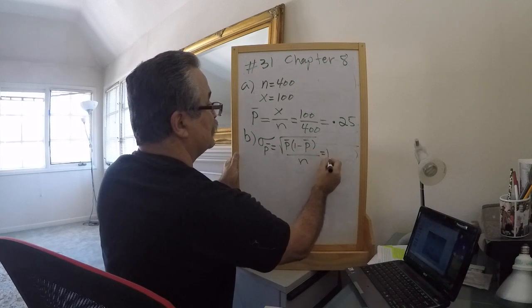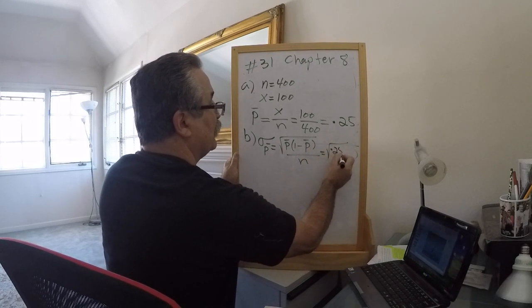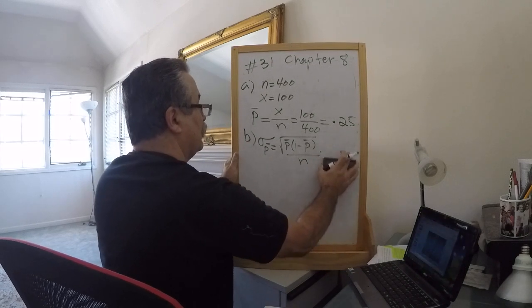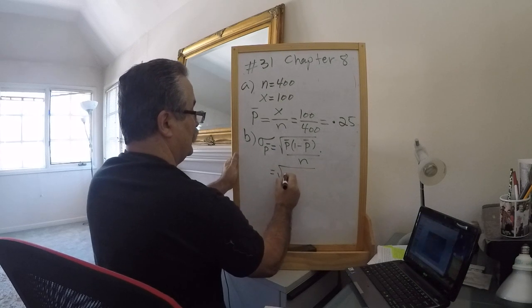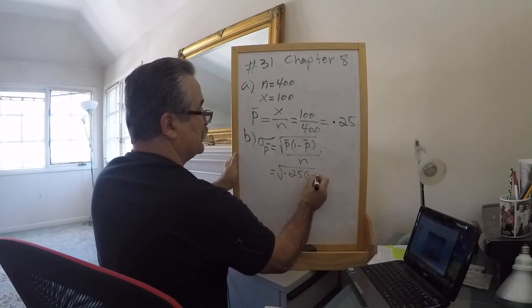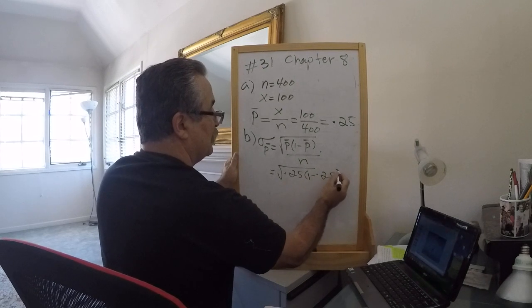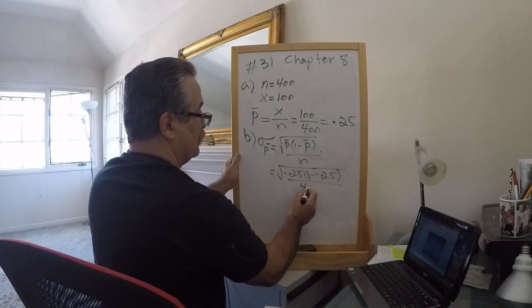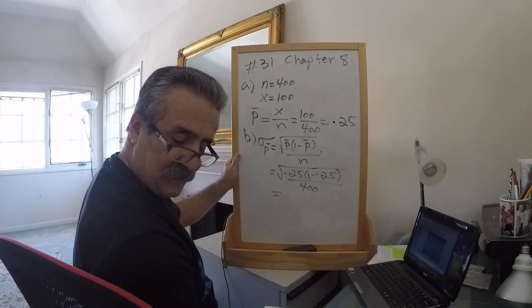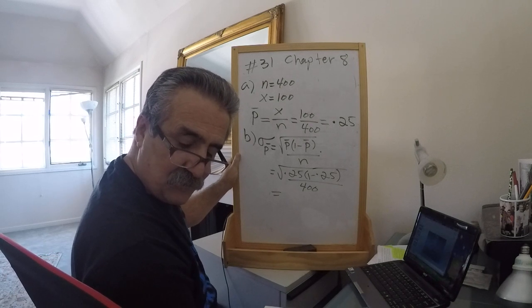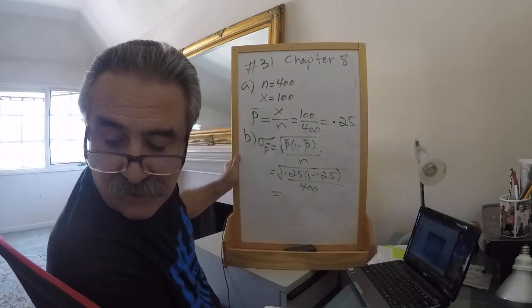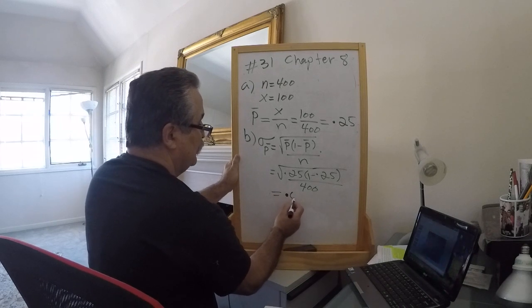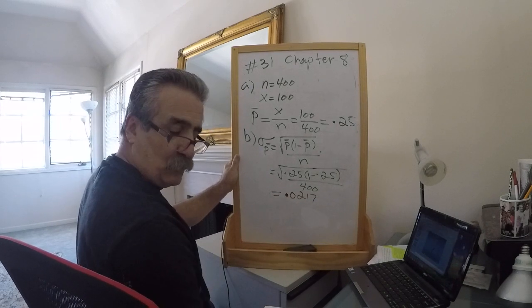So that is the square root of 0.25 times 1 minus 0.25 divided by n, which is 400. So that comes out to be 0.0217. This is for part B.